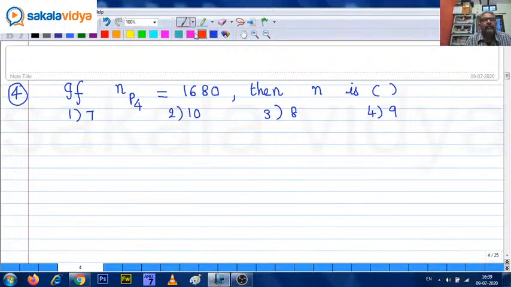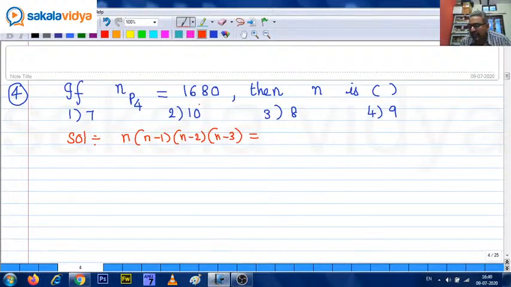Right. Now see, nP4 can be written like this: 4 places are being filled with n objects without repetition. That can be done n, n-1, n-2, n-3 ways. Next, 1680 should be written as the product of 4 consecutive numbers. See, 10 into 168 we can write first.